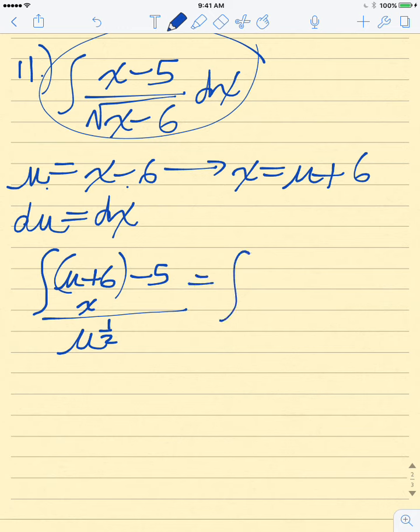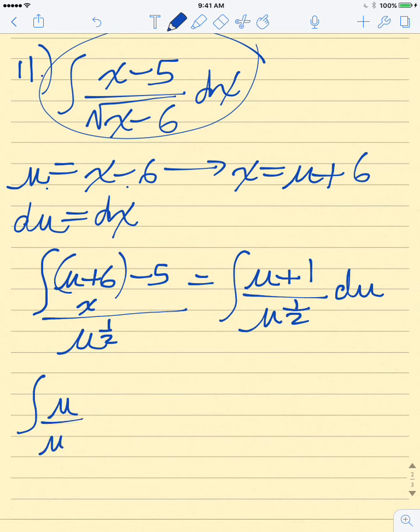That's the integral of u plus 1 over u to the 1/2 power. That's still not in a format that I can integrate. I have to have them as separate terms. So I'm going to break this into two different fractions: u over u to the 1/2 plus 1 over u to the 1/2 du.